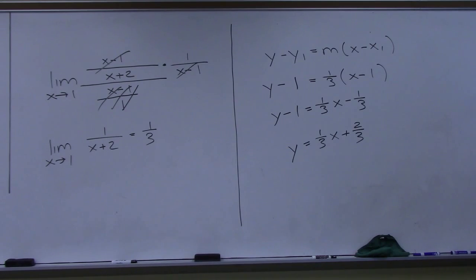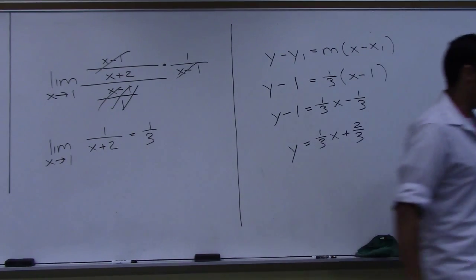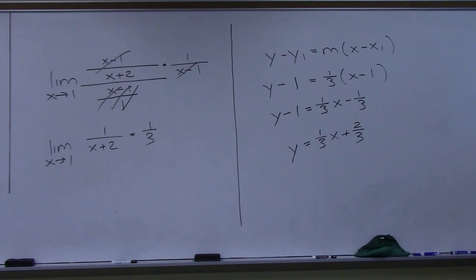So same thing here. Let me see if I can get this to do the same thing. What was my original function? 2x plus 1 over x plus 2. There's my original function.